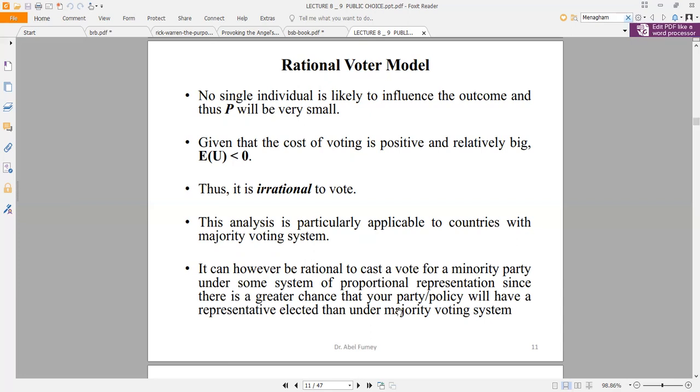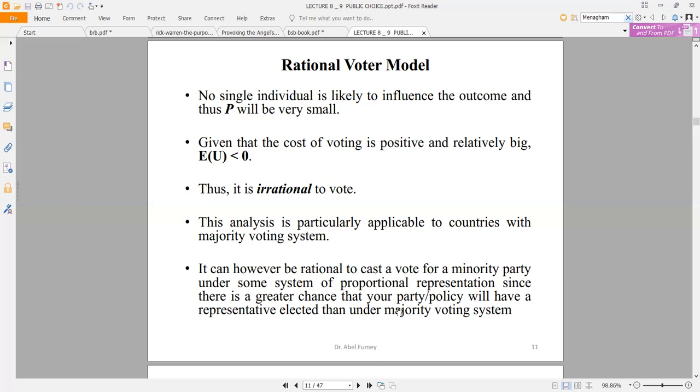It cannot actually affect the outcome of the election or the voting, and as a result, P will be very small. Remember, P is the probability that your vote is going to be decisive. So if we are assuming that because we have quite a number of people engaging in the voting process, no single vote can actually change the outcome of the election, then it means that P is going to be very small. So if P is very small, it will make P times U(X) a very small number.